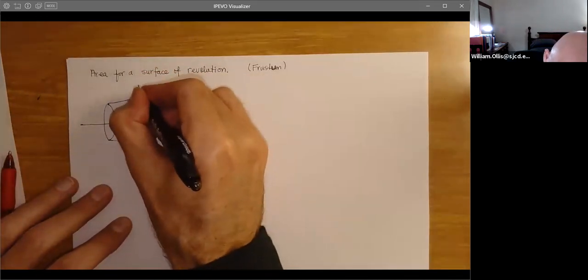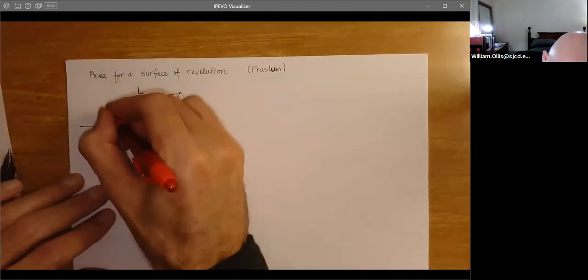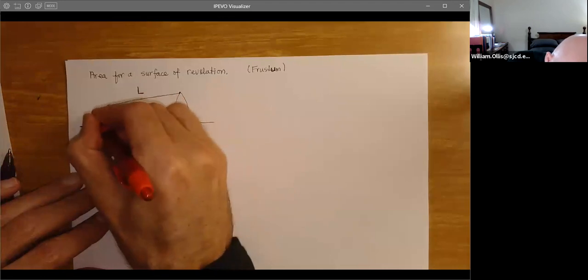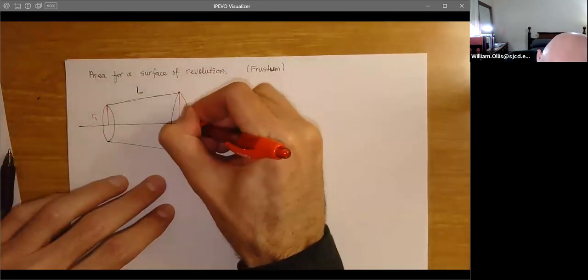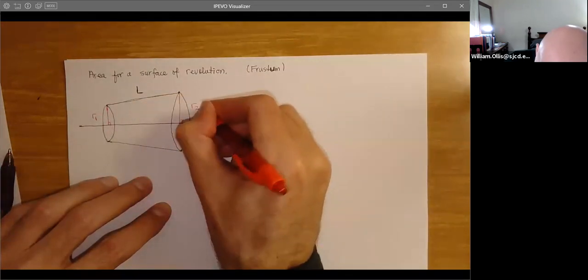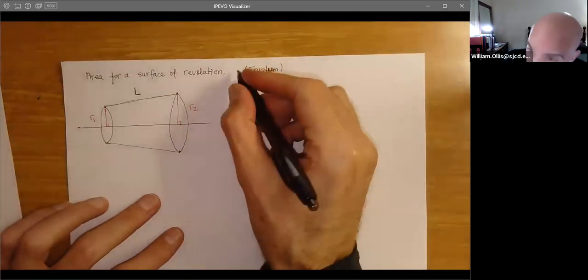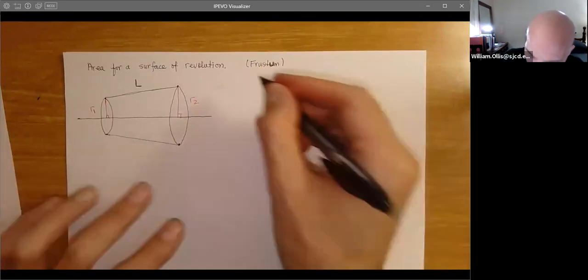And the frustum has a slant height, which we call L. It has a smaller radius, which we'll just call R1, and a larger radius, which we can call R2. The area of the frustum is not simple to derive, but you could do it.